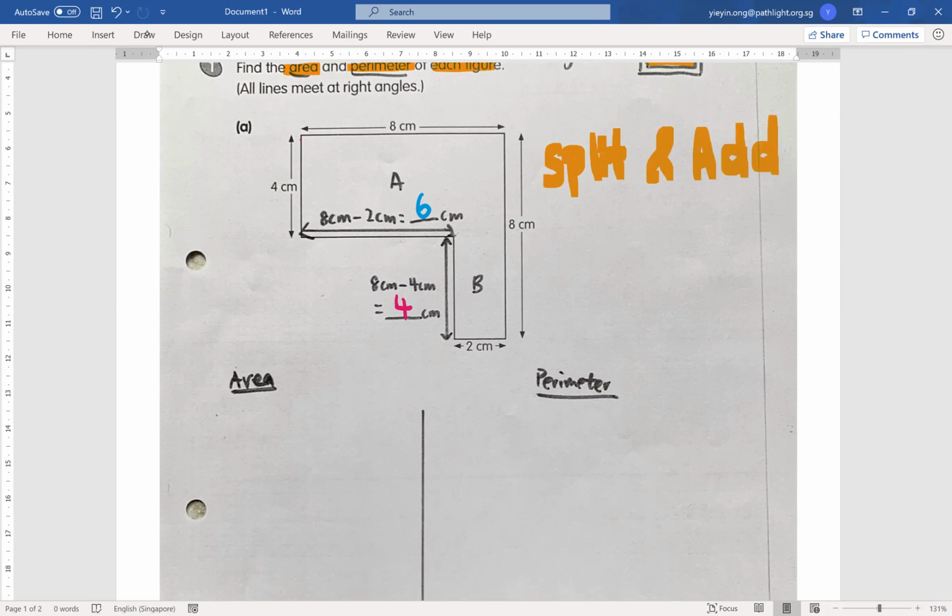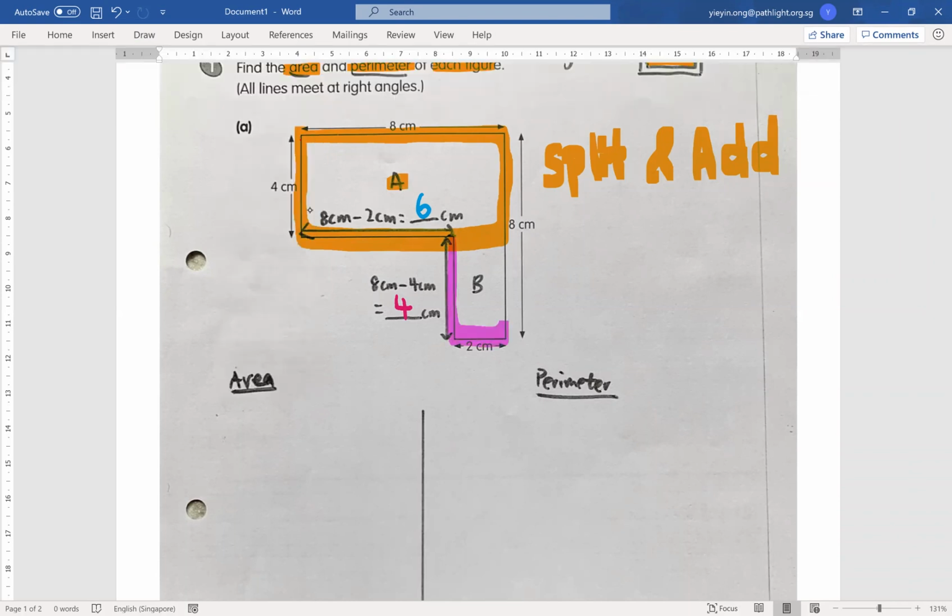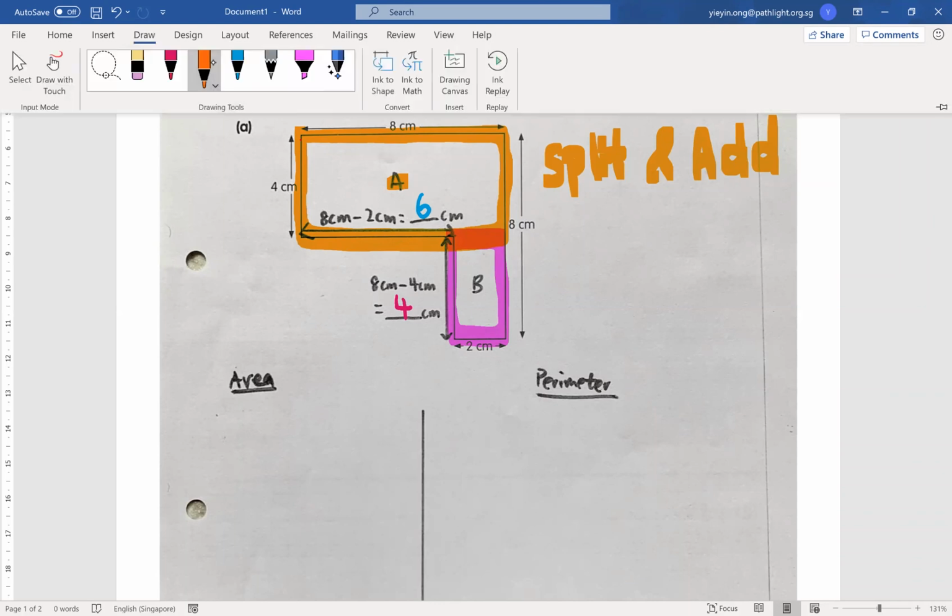So we are going to split this composite figure into rectangle A and rectangle B. For rectangle A, we're going to find the area first.